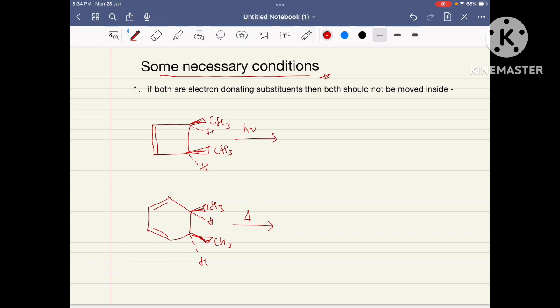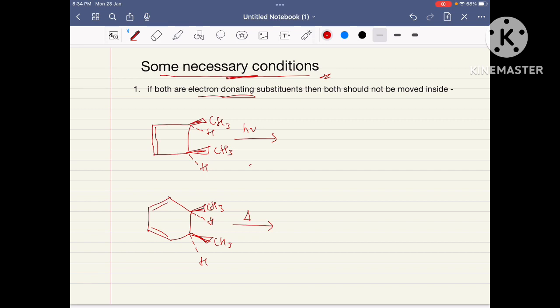Because of that, a condition was made that both CS3 groups should not be inside. Both are electron donating groups, you know that CS3 and CS3 are electron donating groups. Any electron donating groups, both should not come inside. If the situation arises you must avoid that. This is the condition. You'll understand when we solve this example.